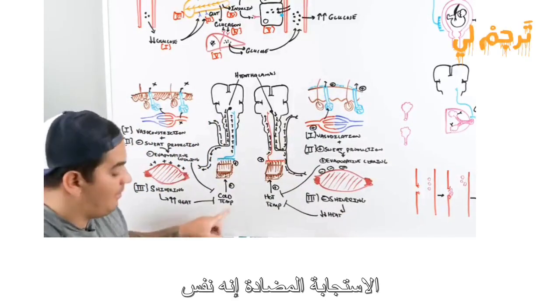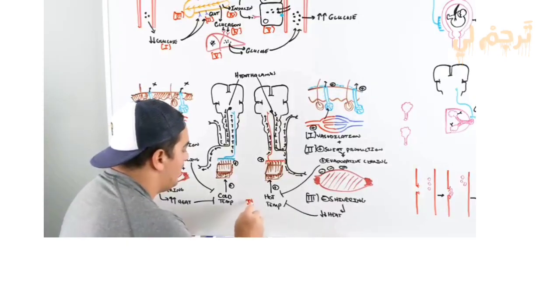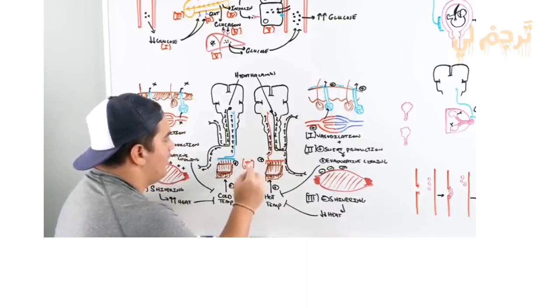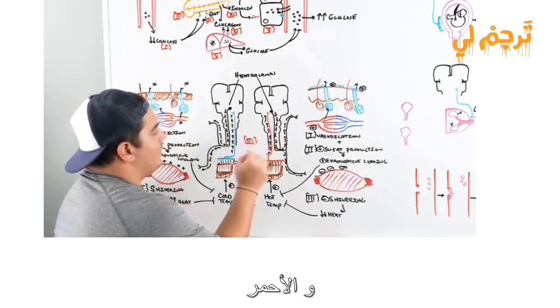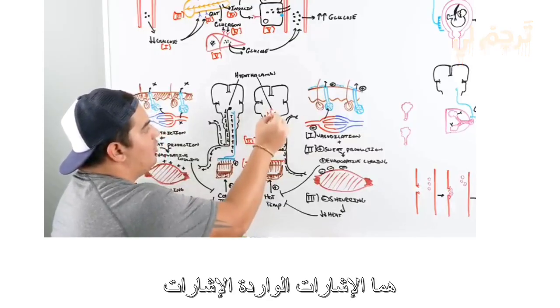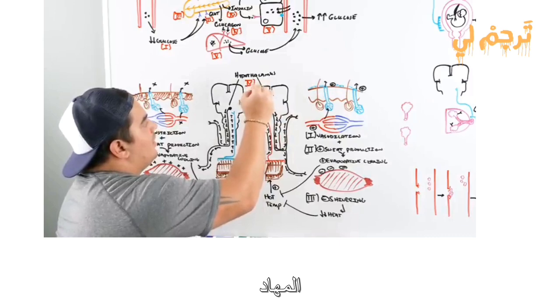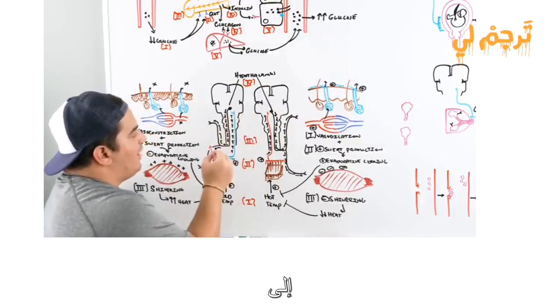It's the same concept. These are my stimulus. These are my receptors. The blue and red are the afferent signals coming up to this structure here, the hypothalamus, which is my control center. The efferent signals, apologize, the efferent signals go down to my actual effector organs.